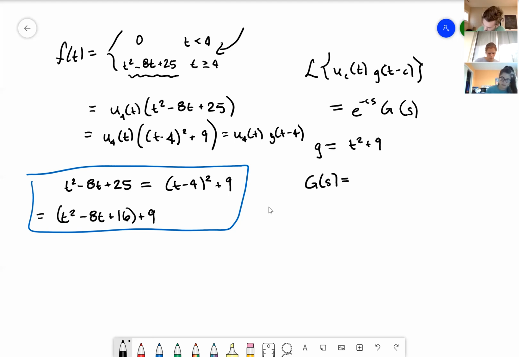G of s is equal to what? It will be the Laplace transform of t squared. And looking at this table, I get 2 over s cubed. And then 9, I get 9 over s.